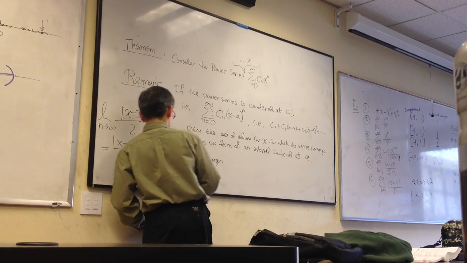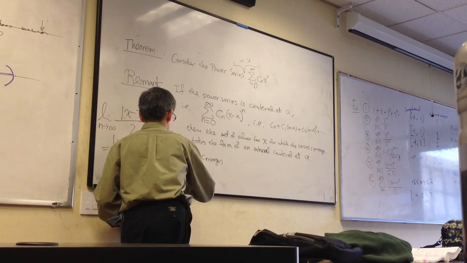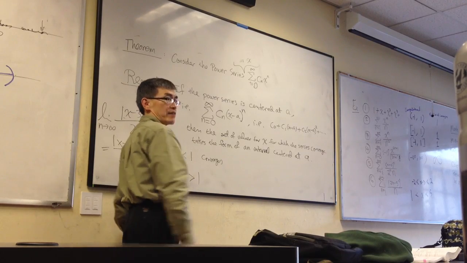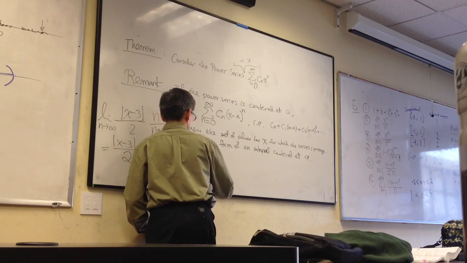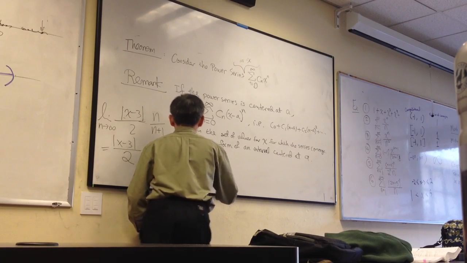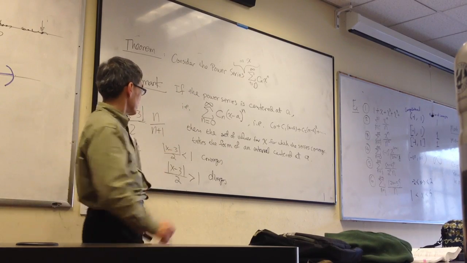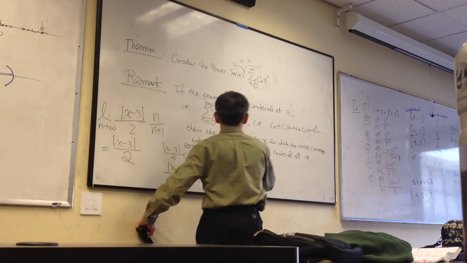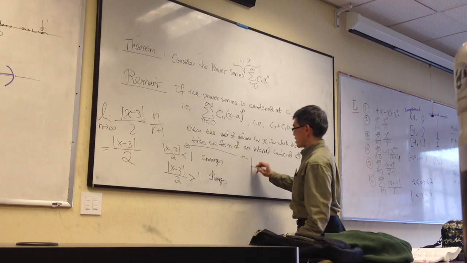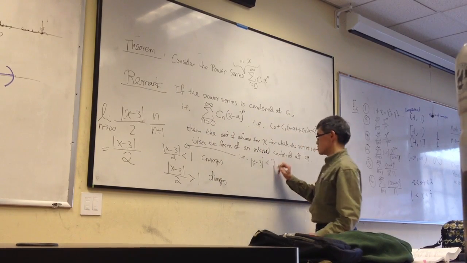It converges. If it is greater than 1, then what? It diverges. Now this one means, i.e., the absolute value of x minus 3 is less than 2.